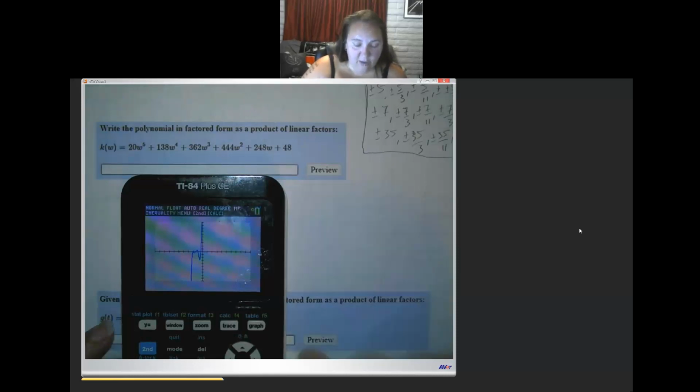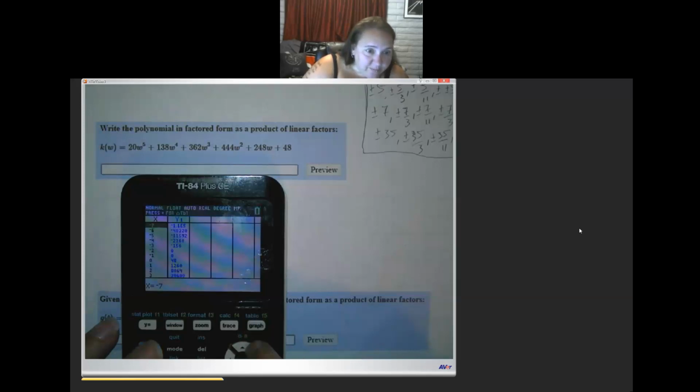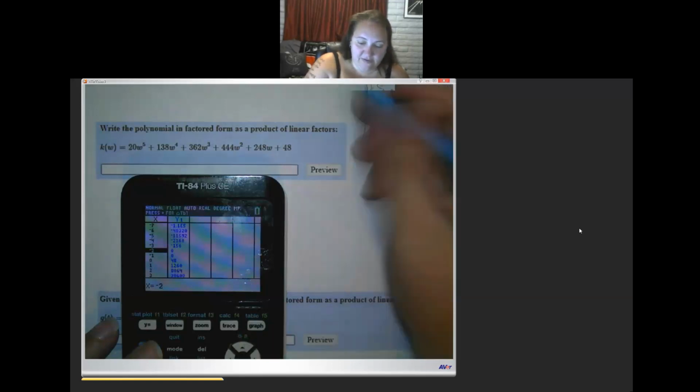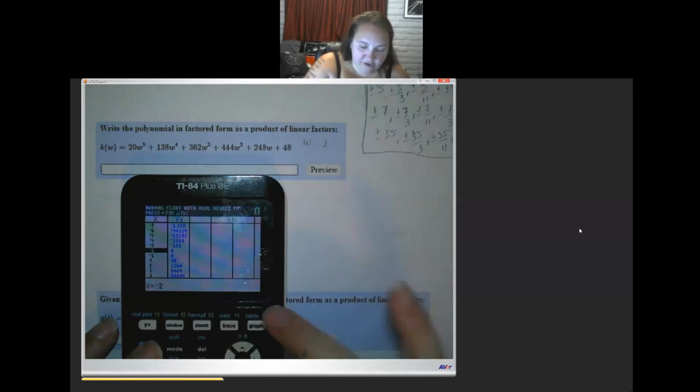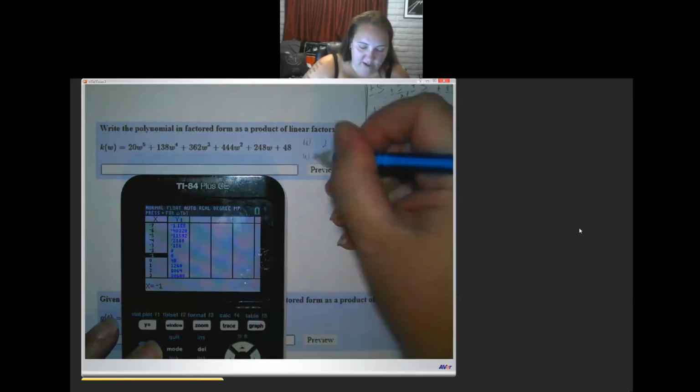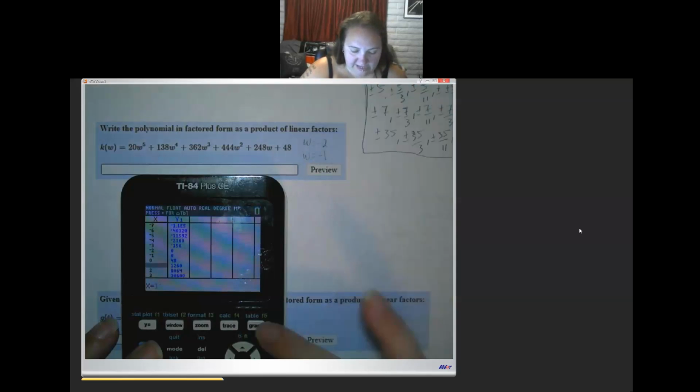Okay, now I want to go to the table and see if there are any. It's still graphing. Okay, see how right here I have a 0 at negative 2? Then that means for sure w equals negative 2. Also for sure w equals negative 1. That's helpful. Looks like that's it.